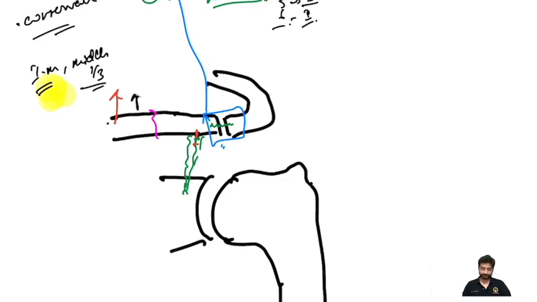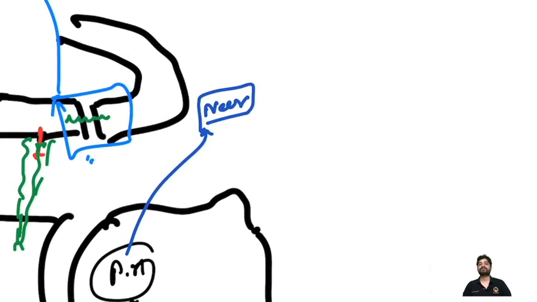Adjacent to that, let's discuss your proximal humerus. The proximal humerus fracture is classified by the Neer classification. Neer classified it by giving a concept of part. What is a part?